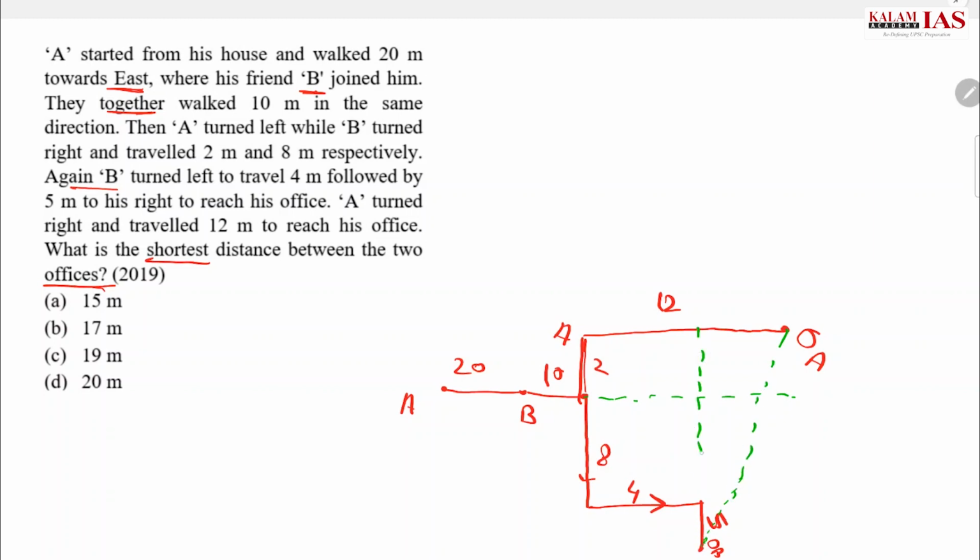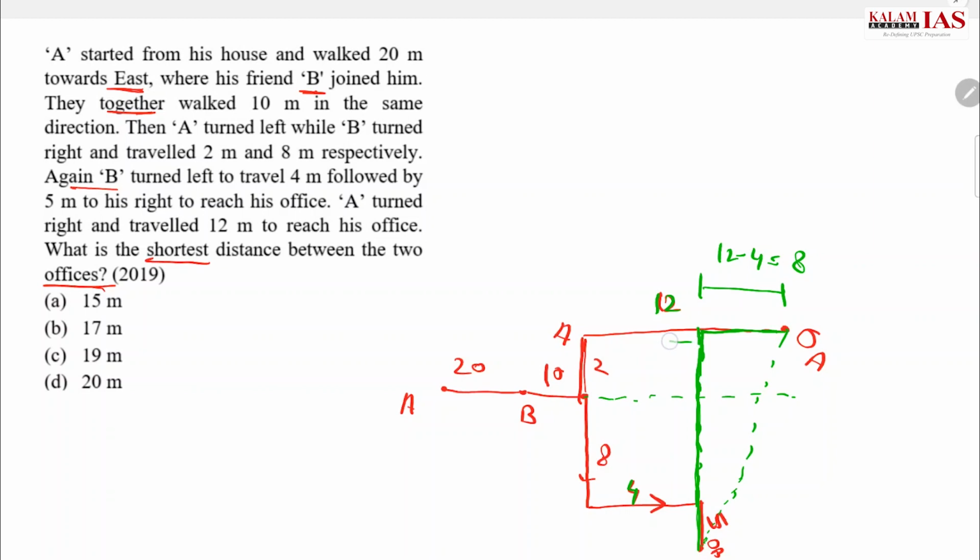Now just extending these lines, we can see this is a triangle that is being formed. This is the triangle, this is the base of the triangle. Now this is 12 meters, this is 4 meters. So this distance will be 12 minus 4, that is 8 meters.